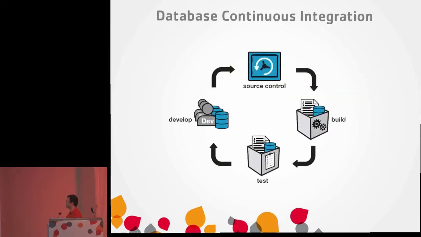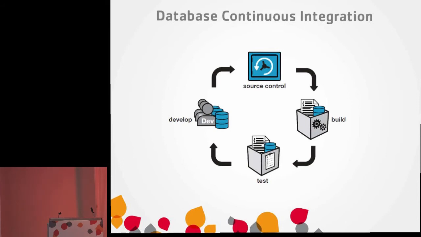This is just a diagram of how it works. As you can see on the left-hand side, you have a team of developers. They're working on their own sandbox individual databases. Of course, you could use a shared database as well, and some organizations do. In fact, most of them do. But the important thing is that you are committing changes into source control, and it kicks off a process.